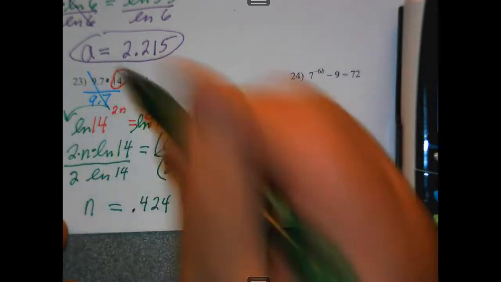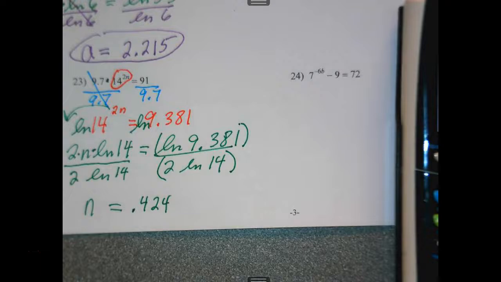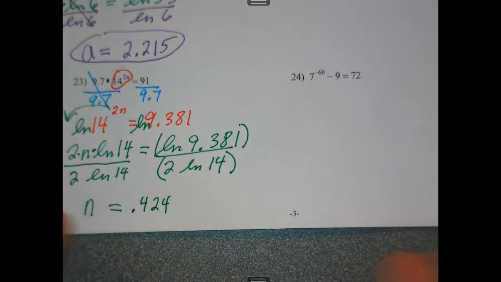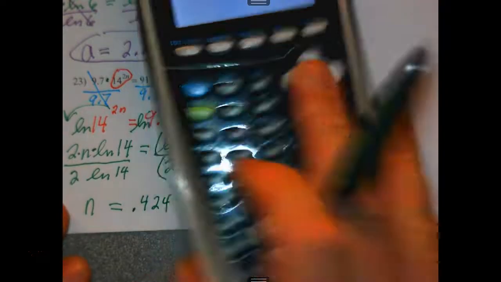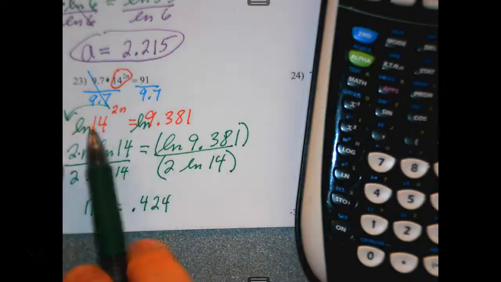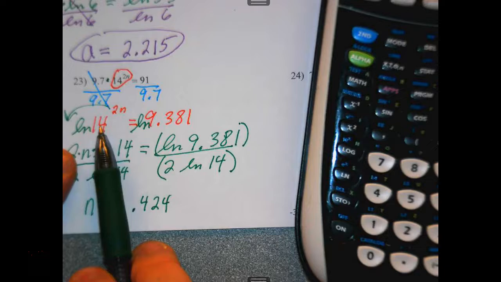Right. Because there's multiplication here. So you have to undo multiplication. Questions so far? You could use either one. Doesn't matter because on this problem it doesn't matter. Now if this was E or 10, then it would matter.